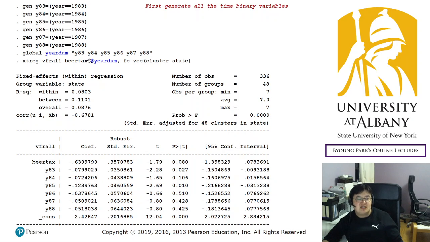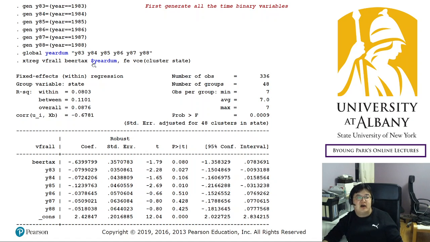As you can see, later when you need to use these 6 variables at the same time, instead of writing this long sentence, you may simply write $yeardummy. Then this is replaced by the line in the quotation marks.